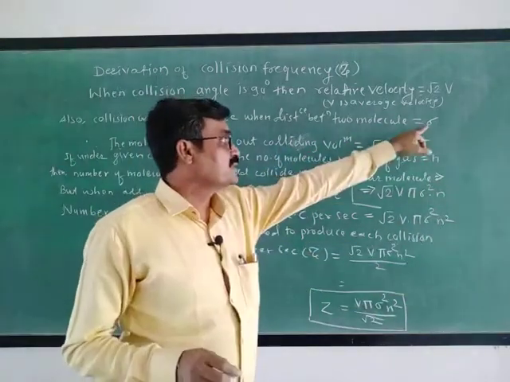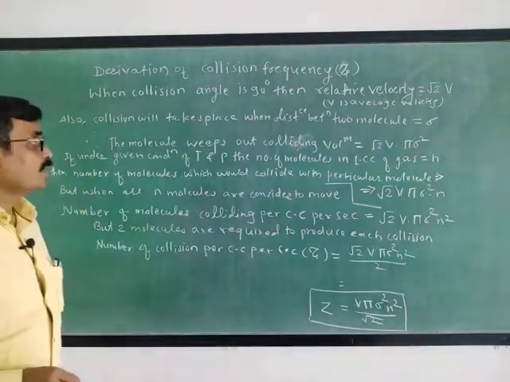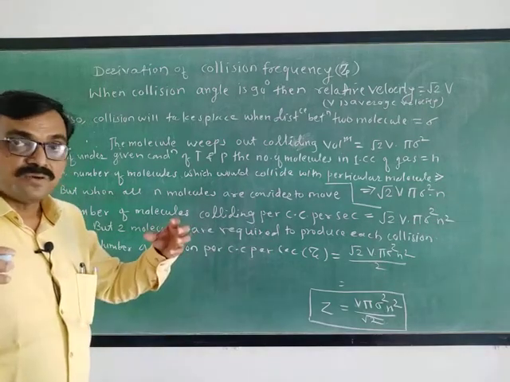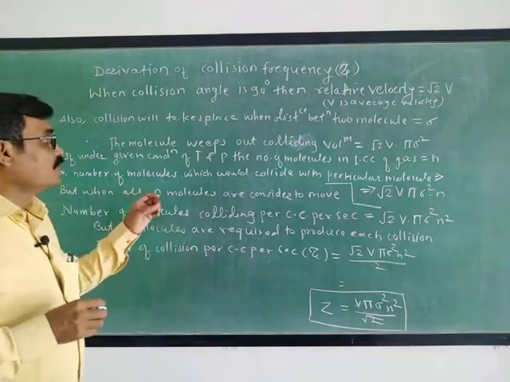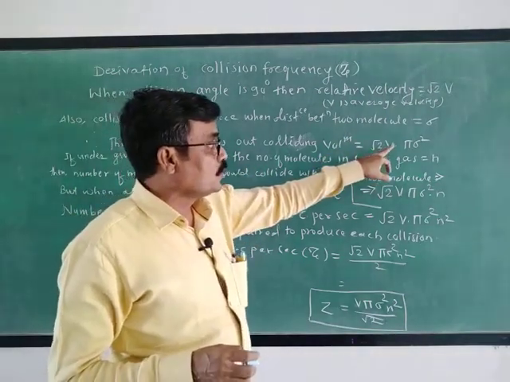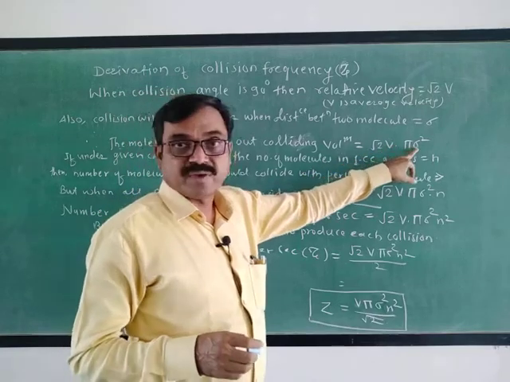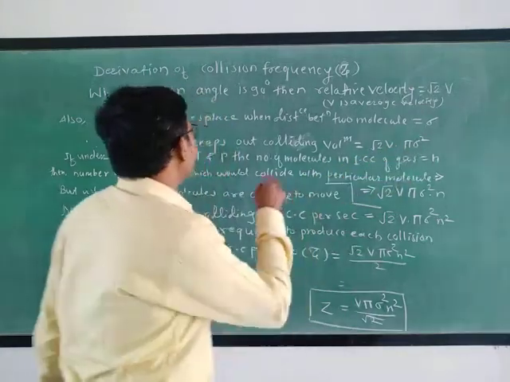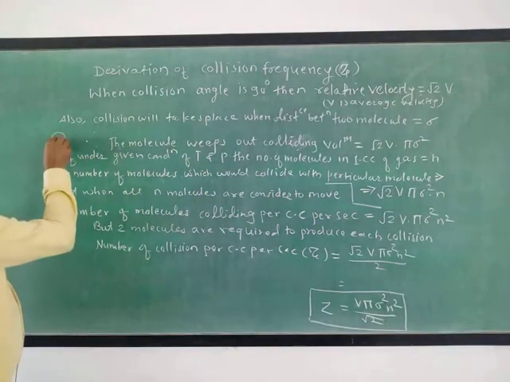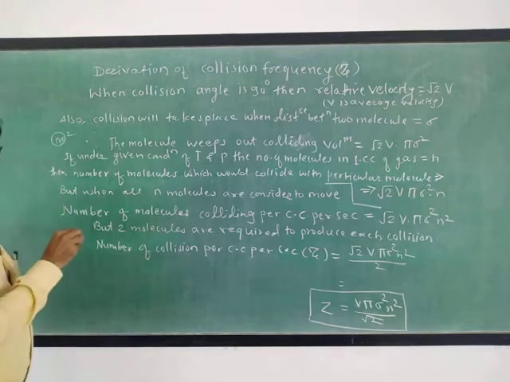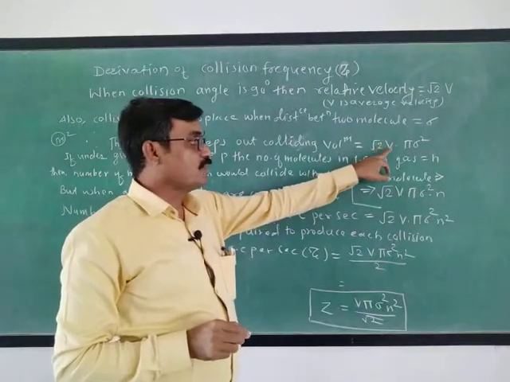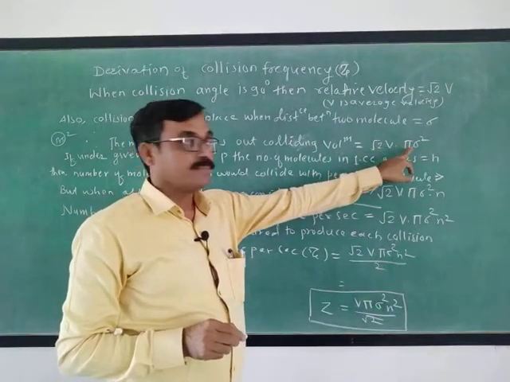During the collision the molecule sweeps out a colliding volume, which will be equal to √2 v π σ², because the molecule is considered a sphere, that's why its area is π σ², and the relative velocity is √2 v.